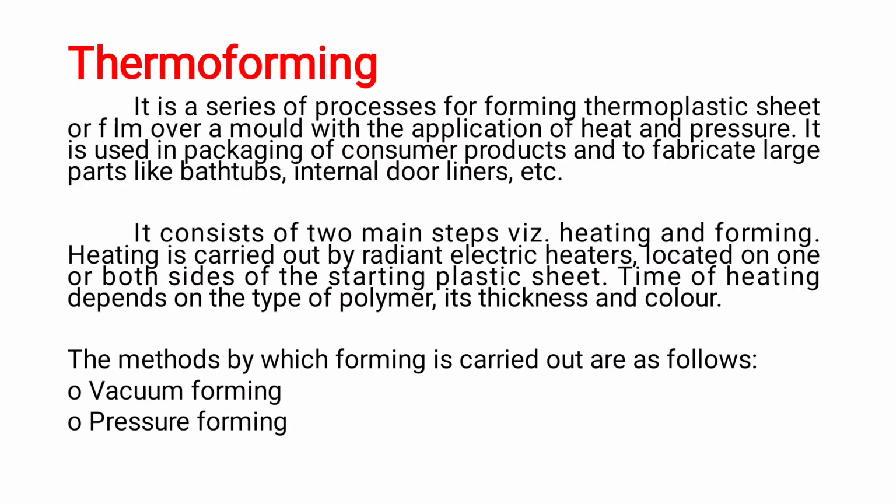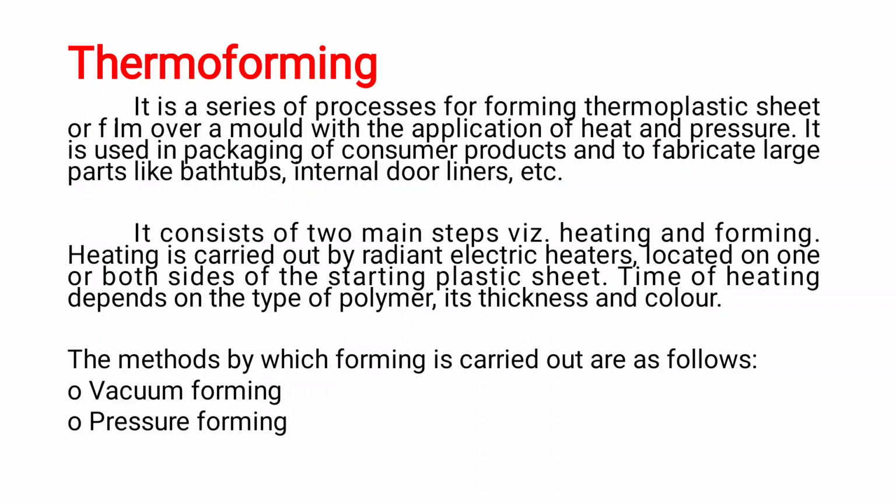Thermoforming is a series of processes for forming thermoplastic sheet or film over a mold with the application of heat and pressure. It is used for packaging of consumer products and to fabricate large parts like internal door liners. It consists of two main steps, heating and forming.